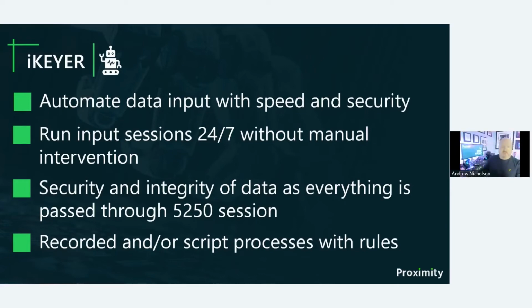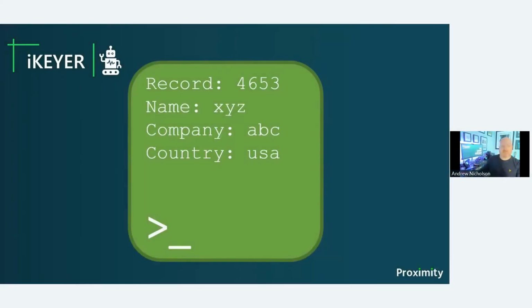Speaking of which, processes can be recorded or scripted, or indeed recorded and edited within the script manager, and it's there that you can add rules and flows to ensure smooth operation. But what do I mean by this? Well, as you enter the data into the green screen, the program responds and displays data accordingly, a window or a new screen, depending upon what's been entered.